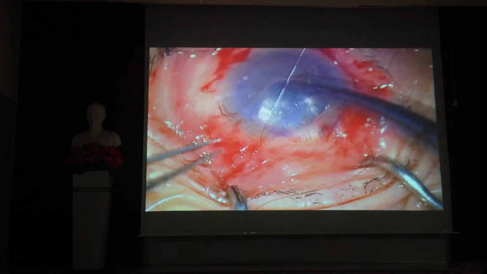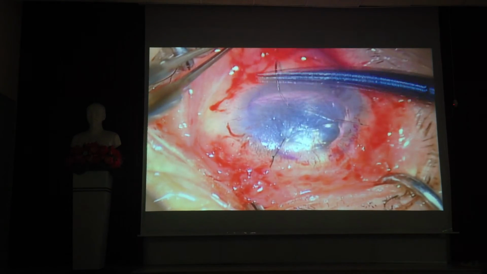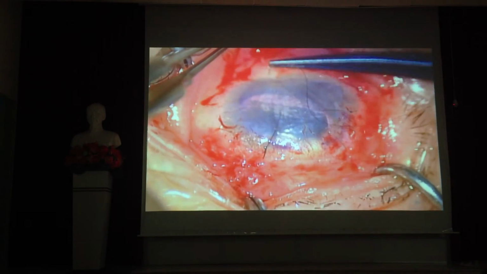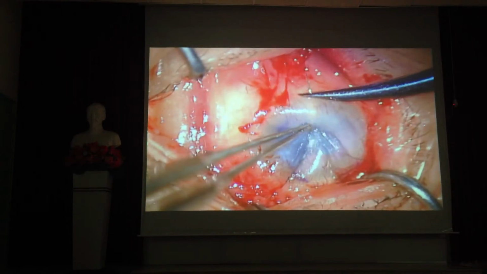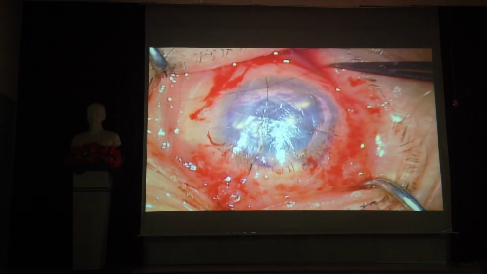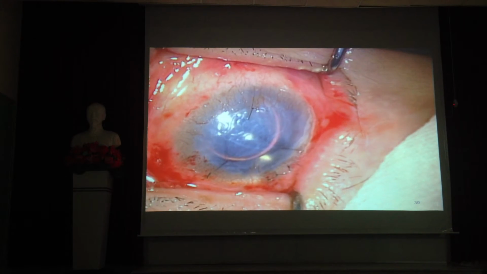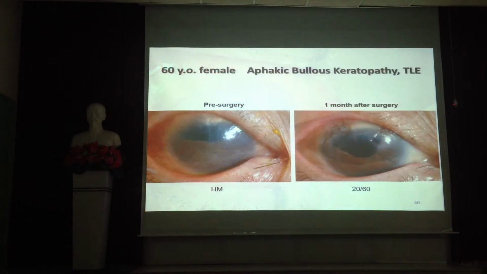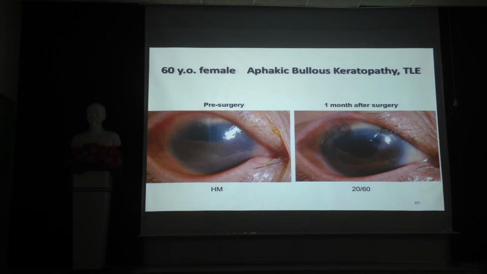It looks horrible, but still after the surgery we can maintain a reasonable corneal endothelial cell density. She also has some bleb. The bleb is almost collapsed, but eventually that bleb is coming back. This is about 1 month after the surgery or so.